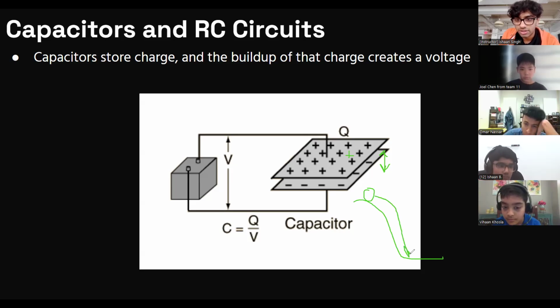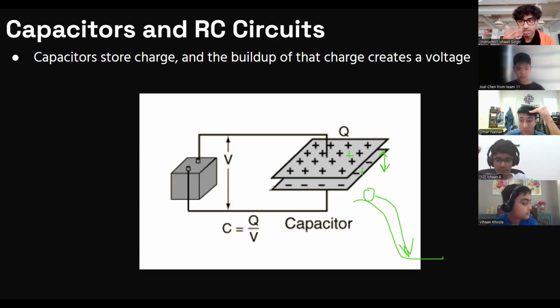It'll roll down the hill and lose that potential. A positive charge sitting on this top plate is exactly like that. It has a high potential because it wants to get away from those positive charges and move towards the negative charges. Once it reaches the negative charges, it's lost that potential. It's rolled down the hill. So that's why building up those charges builds up potential. And that's the exact same thing as saying it builds up a voltage.